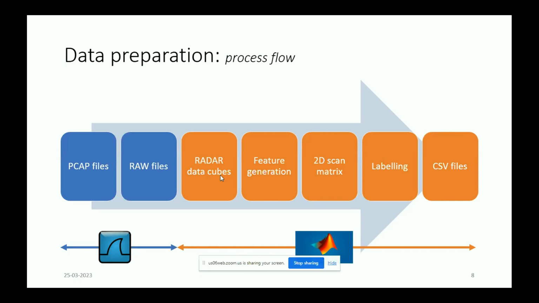Once that 2D scan matrix is created for all the data, manual labeling is done in MATLAB itself, and finally it is converted into a CSV file, which can be processed in Python, where we have used Google Colab for training and testing our models.